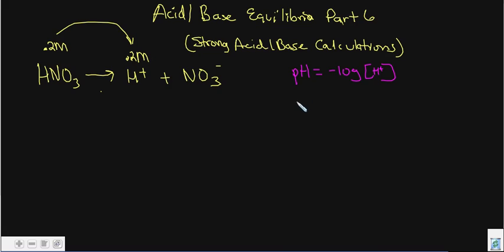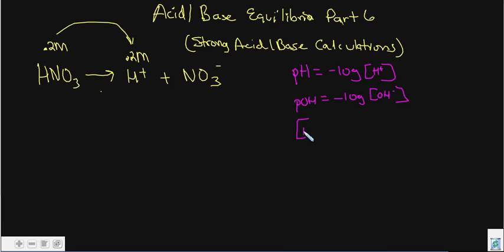We also have this concept of pOH. So pOH is just simply the negative log of the hydroxide ion concentration. Not used quite as often in everyday language, but in chemistry, certainly it's used. Now, what about if I had a pH and I wanted to figure out a concentration from that?